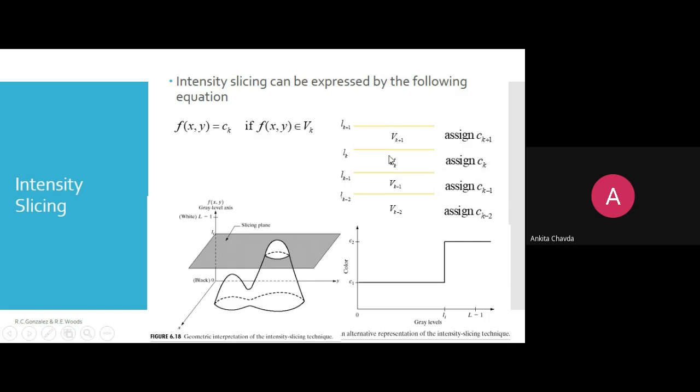If intensity values are between Vk and Vk plus 1, suppose 51 to 75, you assign the color C2, and so on. Simple? Clear? I hope you have drawn this figure. If not, please do it.